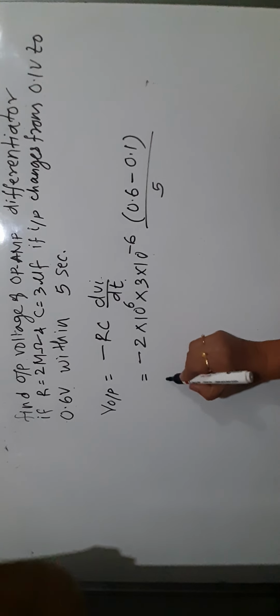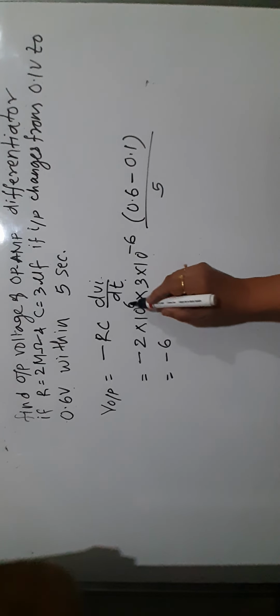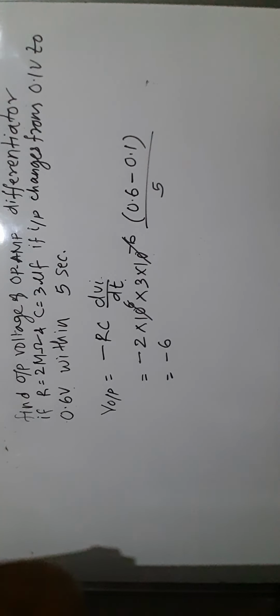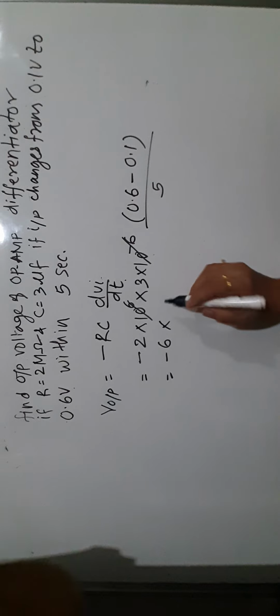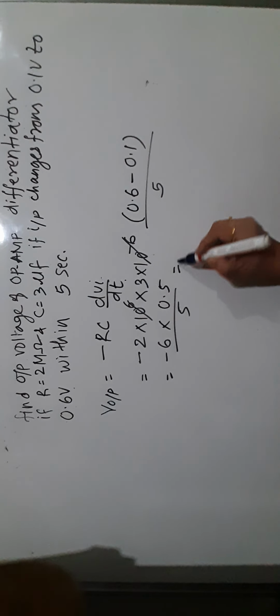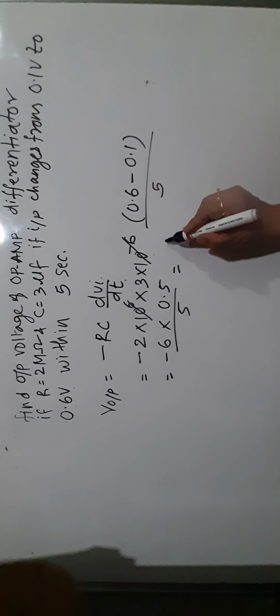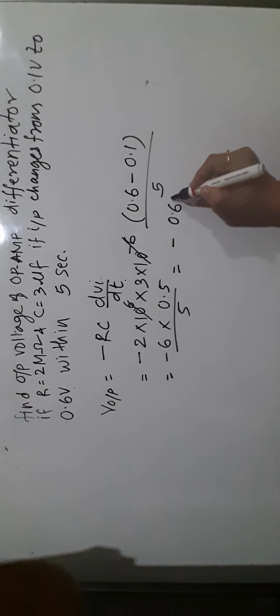So here minus 2 into 3 will be minus 6, and this minus and this plus will get cancelled, into 0.6 minus 0.1, which is 0.5, upon 5. So we can write that the output will be equal to minus 0.6 volt.